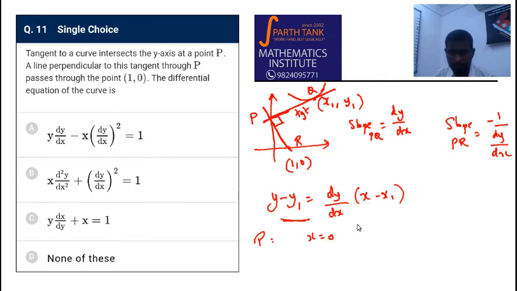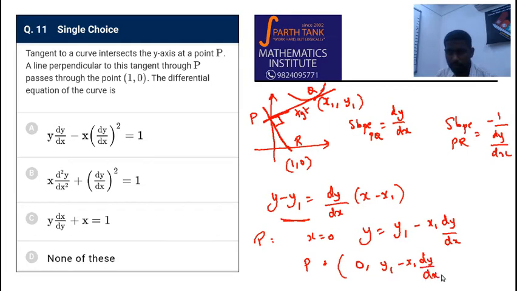So if x is 0 here, y will be y1 minus x1 into dy by dx, right? So you found this point, so that P is nothing but 0, y1 minus x1 dy by dx.